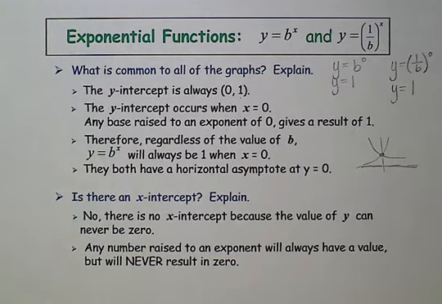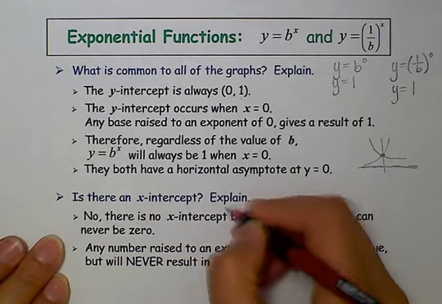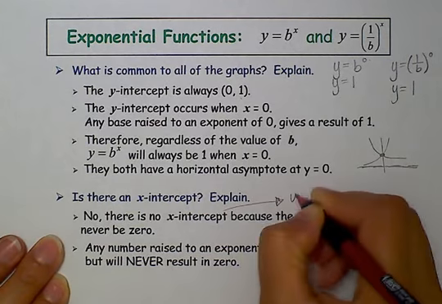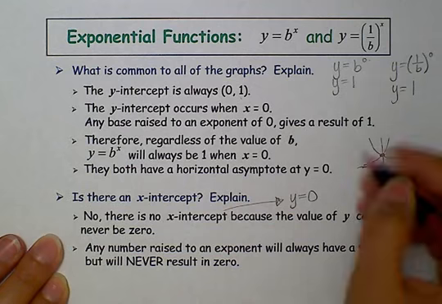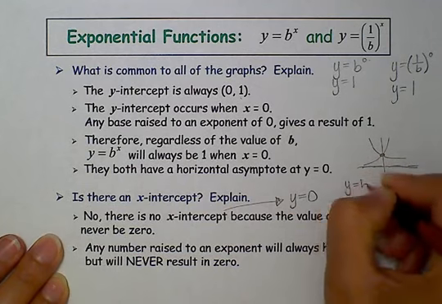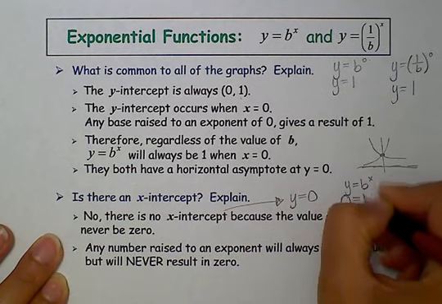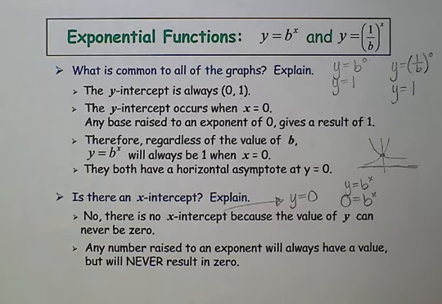Okay, is there an x-intercept? No, there is no x-intercept because the value of y can never be 0. What you're trying to determine is, if there is an x-intercept, that means y would equal 0. So if I look at y equals b to the exponent x, and I set y equal to 0, is there a value of x that will make the statement true?